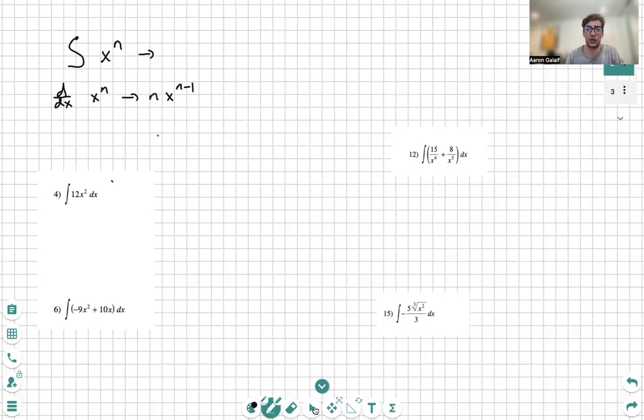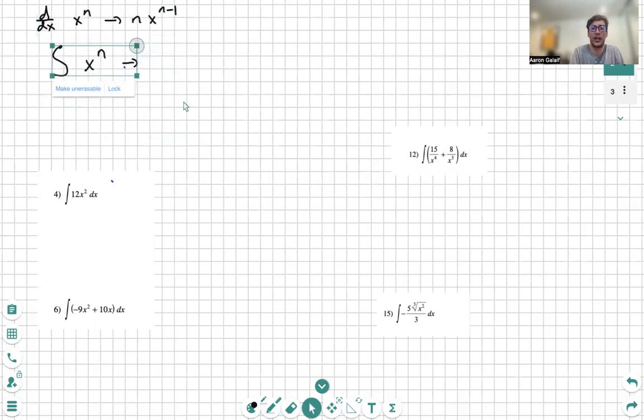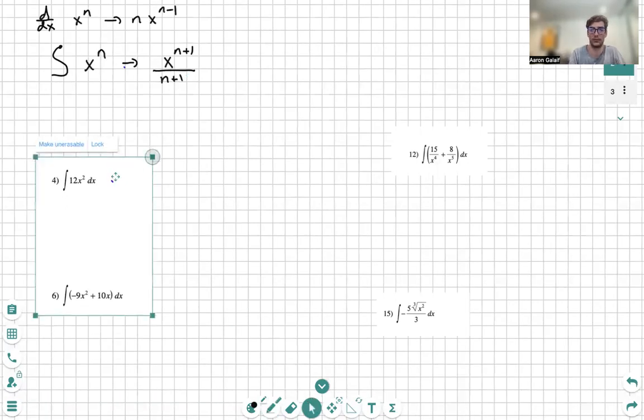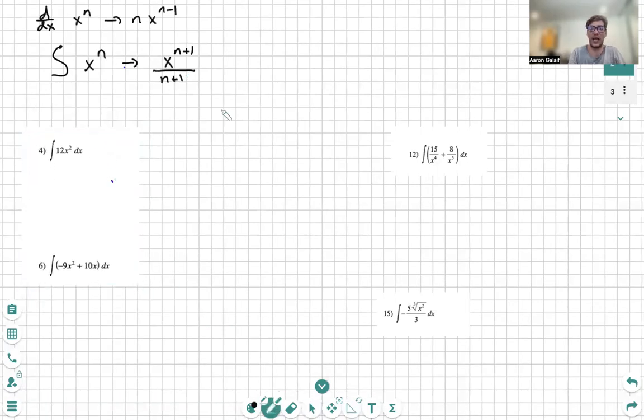When I'm going to integrate, we're actually going to do it the exact opposite way. When I'm integrating, I'm going to add 1 to the exponent and divide by that new exponent. That is how we're going to solve these problems. And then at the end of it, we're just going to do plus c.